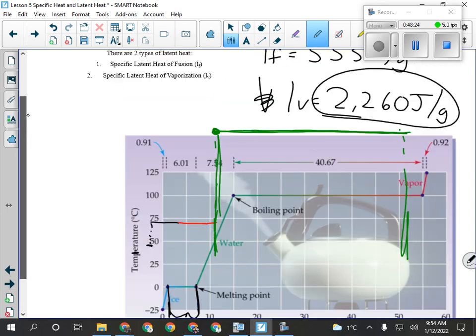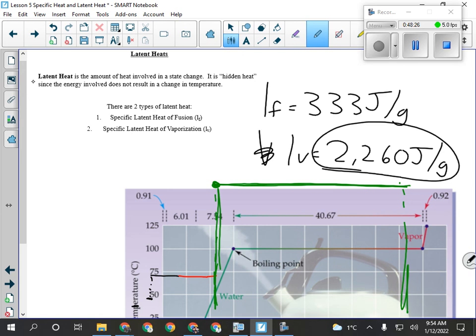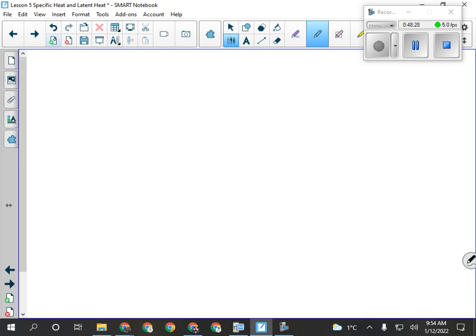All right, so the calculations you'll be expected to do involve these two formulas. Energy equals mass times the latent heat of fusion, and energy equals mass times the latent heat of vaporization. These formulas are really, really easy.